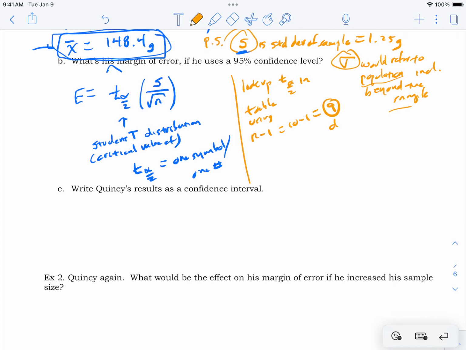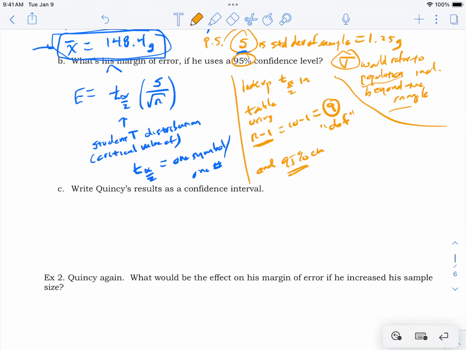Just for giggles, that's called the degrees of freedom. I don't need you to know that, but if anyone ever says degrees of freedom, that's what they mean. So you take the sample size and you have to actually subtract 1. The sample size was 10. Don't forget to subtract 1. We're going to use 9. And then you have to also use the confidence level, 95% confidence level.